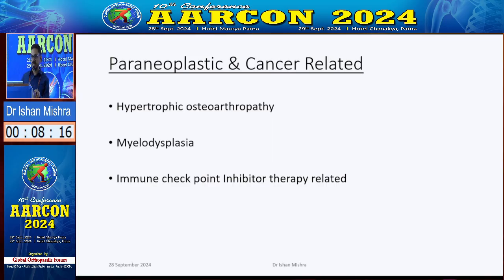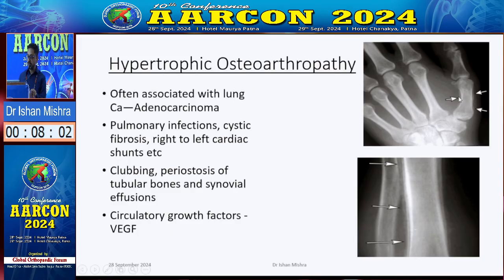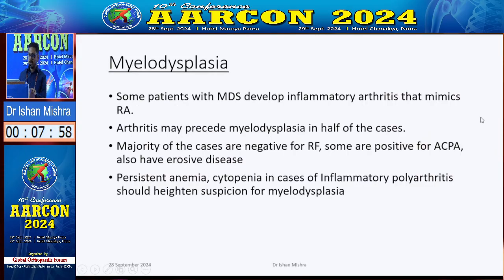Some arthritis is seen in the presence of paraneoplastic and cancer syndromes, like hypertrophic osteoarthropathy, especially in the adenocarcinoma lung. You can see the periosteal reaction around the bones. Some patients of myelodysplasia, even before the symptoms of myelodysplasia, will develop arthritis, and later on they'll go on and develop the myelodysplastic syndromes.